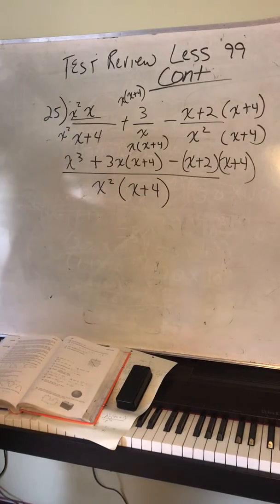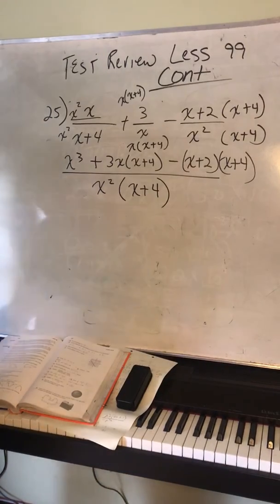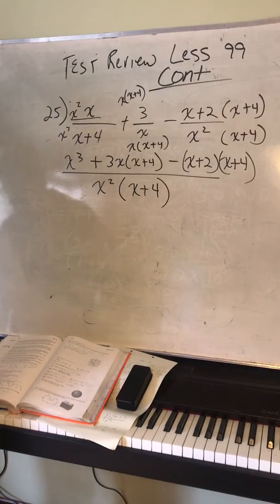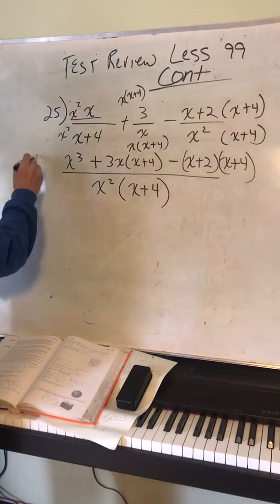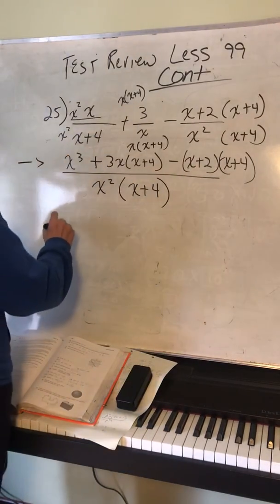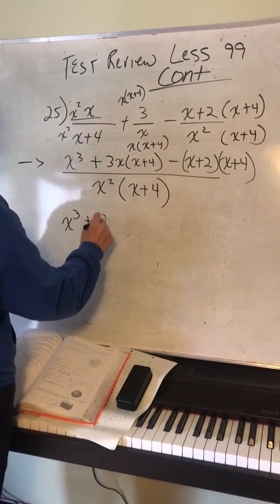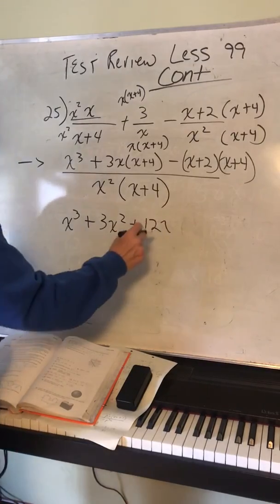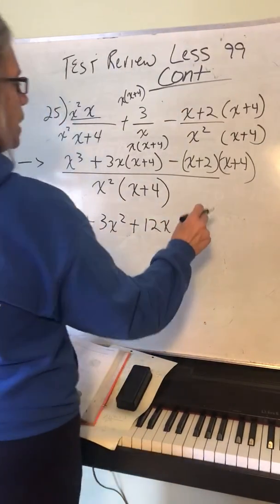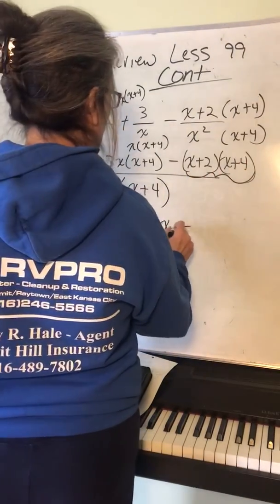Okay, now let's see. We need to probably simplify that somewhat. So let's see what we have. Let's go ahead and simplify this here on the top. So we have x cubed, we have 3x squared plus 12x. Then we are going to multiply those together, and what do we end up with?